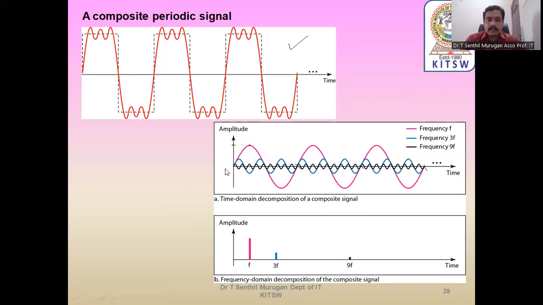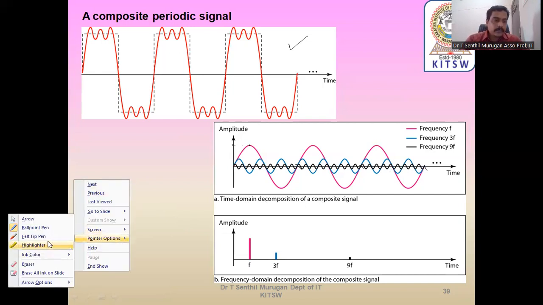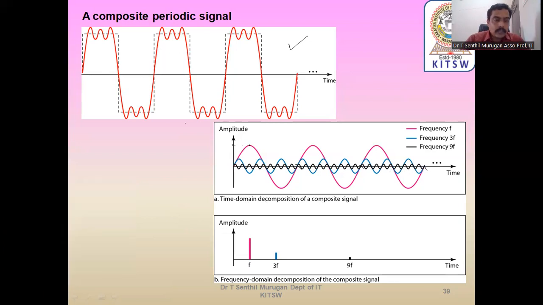So actually this diagram is given in the wrong manner. How should we draw this? Normally, the blue color should have three waves, so we can say 3F with pink color is the highest amplitude. Then 9F: the blue color has 9 periods, so it has less amplitude.